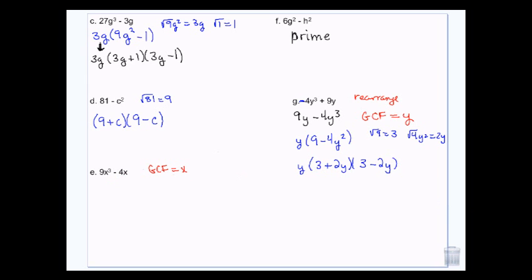And GCF of x on this one, so I'm going to factor the x out. And this is almost exactly what I just did. So I have 3x plus 2, 3x minus 2.